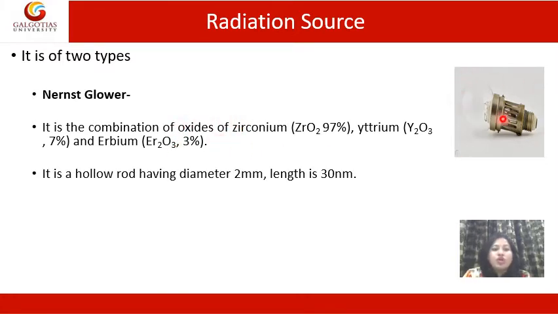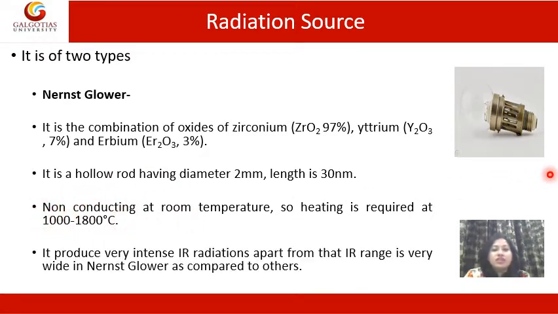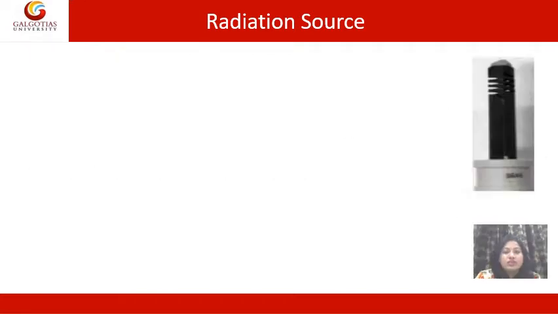It is a hollow rod having a diameter of 2 mm and length of 30 cm. It is non-conducting at room temperature, so heating is required at 1000 to 1800 degrees Celsius. It produces very intense IR radiation. Apart from that, the IR range is very wide in Nernst glower as compared to others.